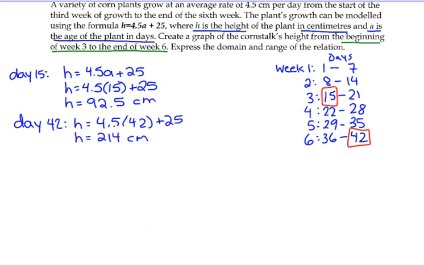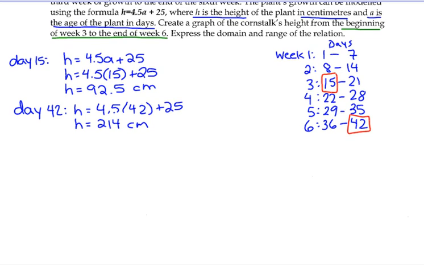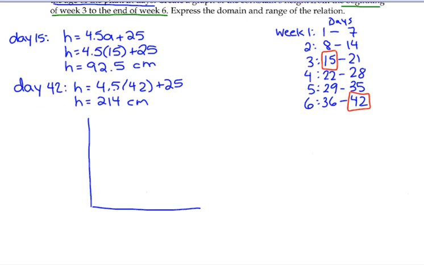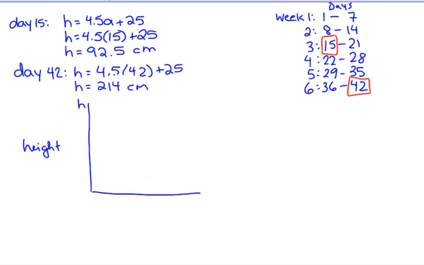Okay, we're going to do a very rough sketch of our graph here. Very rough. It'll be nice and quick. Now, which is the y variable here? Height, right? We had h equals, like y equals. So height is the y, the variable h. And then the x is days, which we expected because time is always the independent variable. So days is a. Now, where's our first point located?